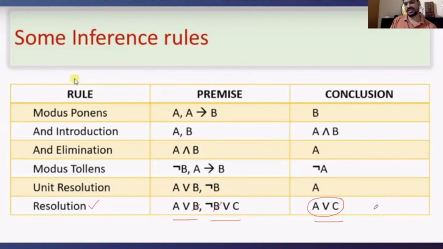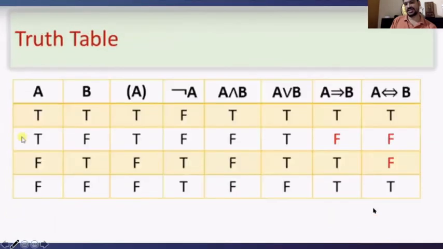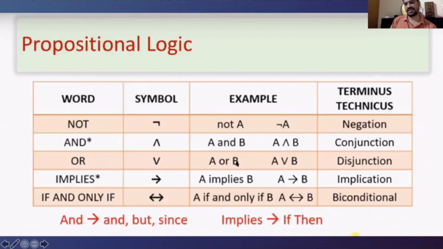Because this symbol is called conjunction, right? Sorry, this symbol is called disjunction. Your OR operation is called disjunction, and the AND operation is called conjunction.